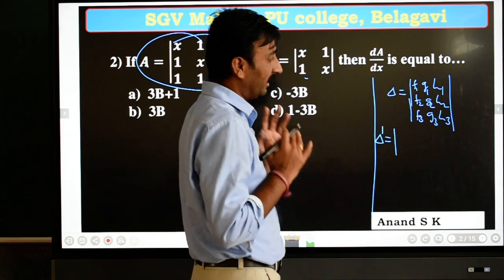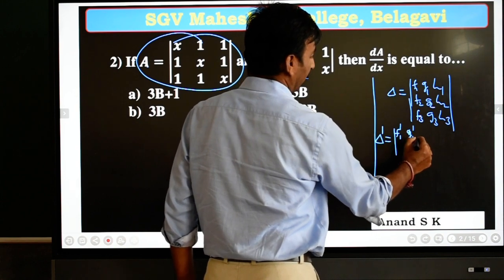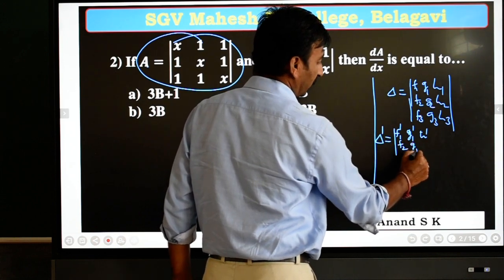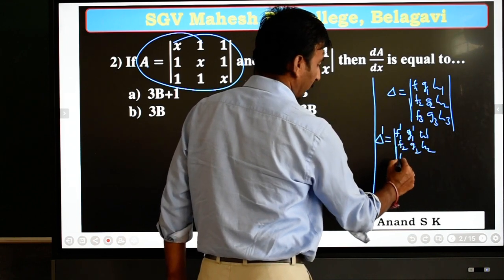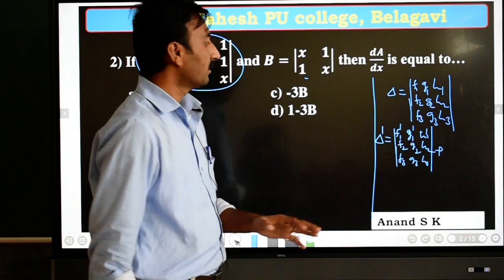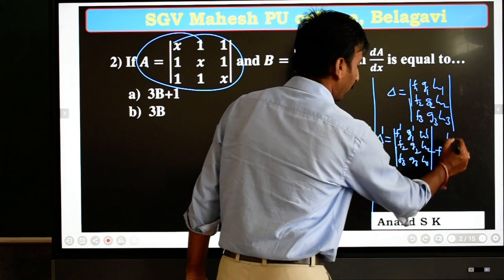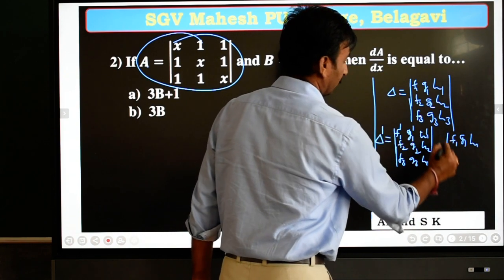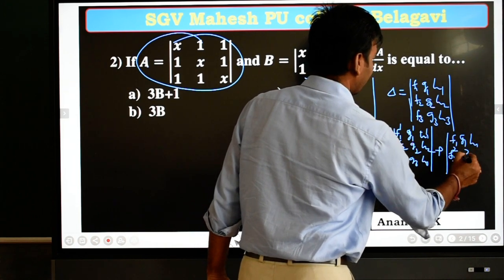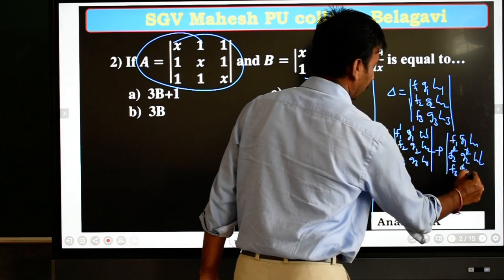First, you take the determinant and differentiate only the first row, that is f1 dash, g1 dash, h1 dash. Don't change the second and third rows, f2, g2, h2 and f3, g3, h3, as they are. Plus, after that, keep the first and third rows as they are and only differentiate the second row: f1, g1, h1, then f2 dash, g2 dash, h2 dash, and f3, g3, h3.